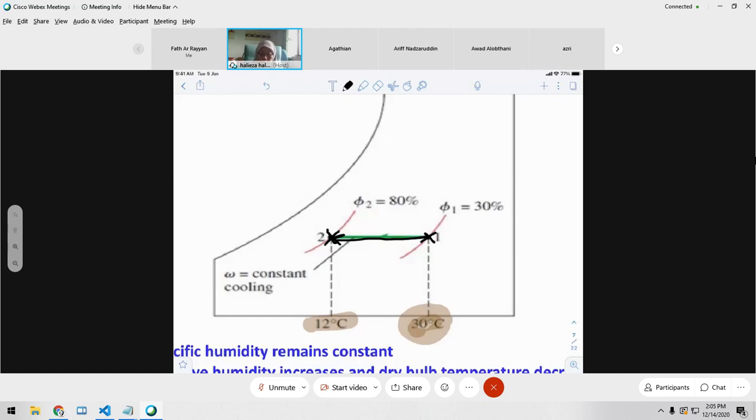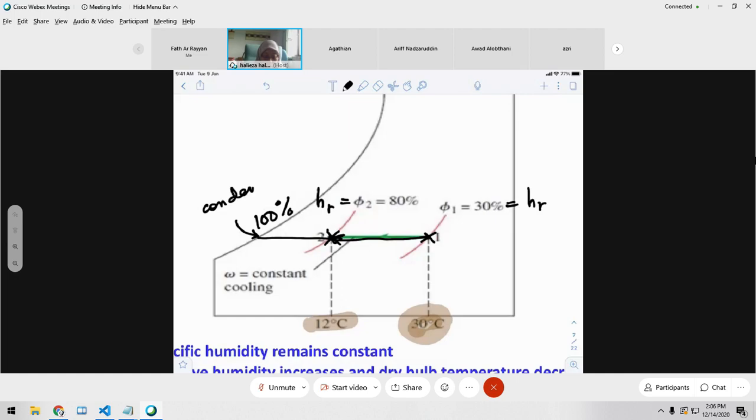What happens is that when you cool it down, this is your relative humidity. Initially, it was at 30%. You increase the relative humidity from 30 to 80. That's what happens when you cool it down. But if you proceed to cool it down until it reaches 100% saturation, at that point you start to have condensation.